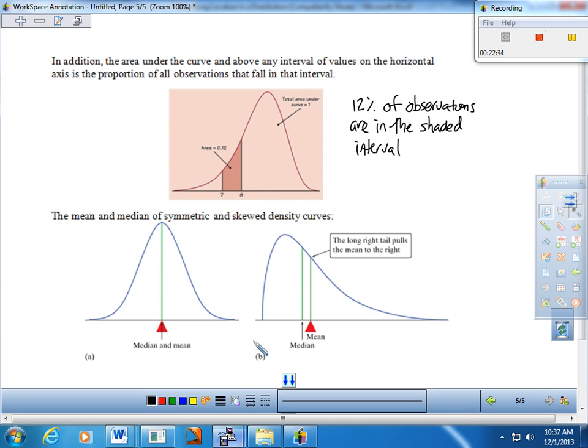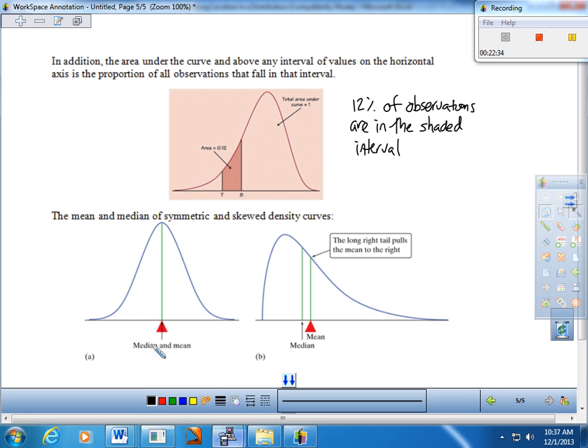Okay, great. And then maybe just one last thing to quickly refer to and then go from there. We had actually talked about this before. We looked at it, I think, in a little more numerical terms, but I think this works out fine visually. It says the mean and median of symmetric and skewed density curves. So remember, in this particular case, if it's symmetric in nature, and we're going to take a look at this one in particular in the next couple lessons, this is maybe what the density curve would look like.